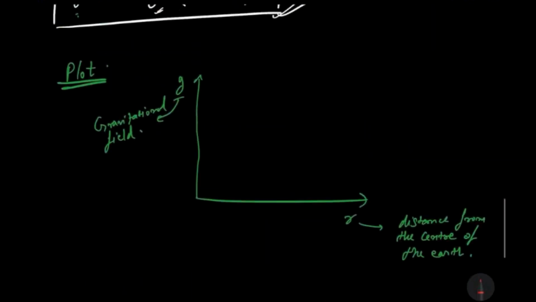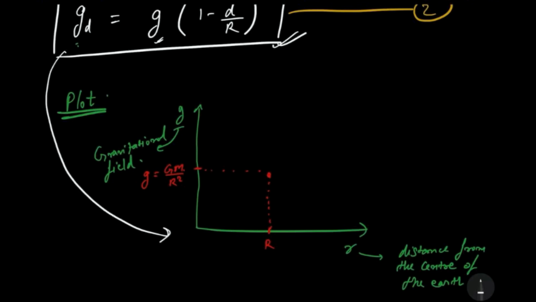So I'll write one point for you. That one point is when the radius is exactly R, then the value is GM by R square, which is exactly equal to g. So this I've given you. Now tell me what happens before R and what happens after R. What kind of variation do you get? And g at d, this is what is going to guide you.